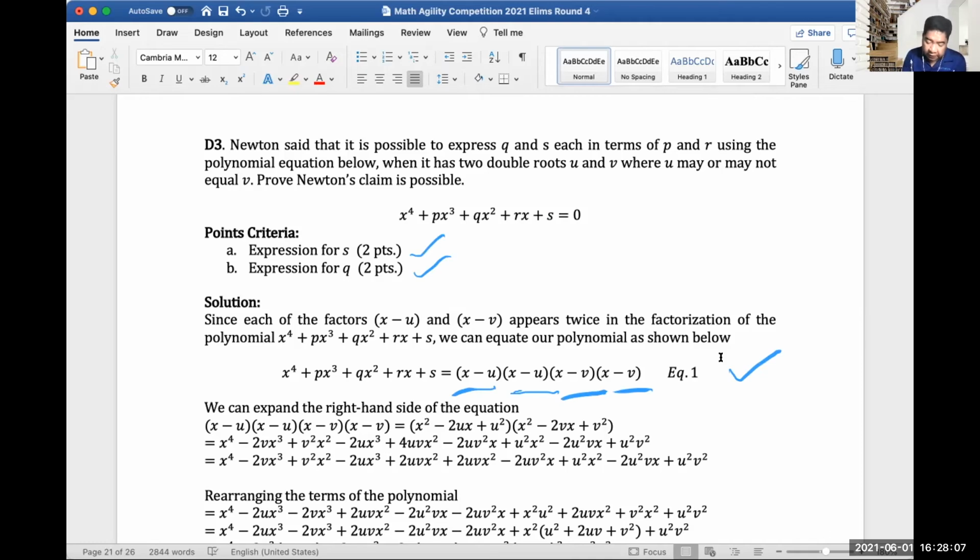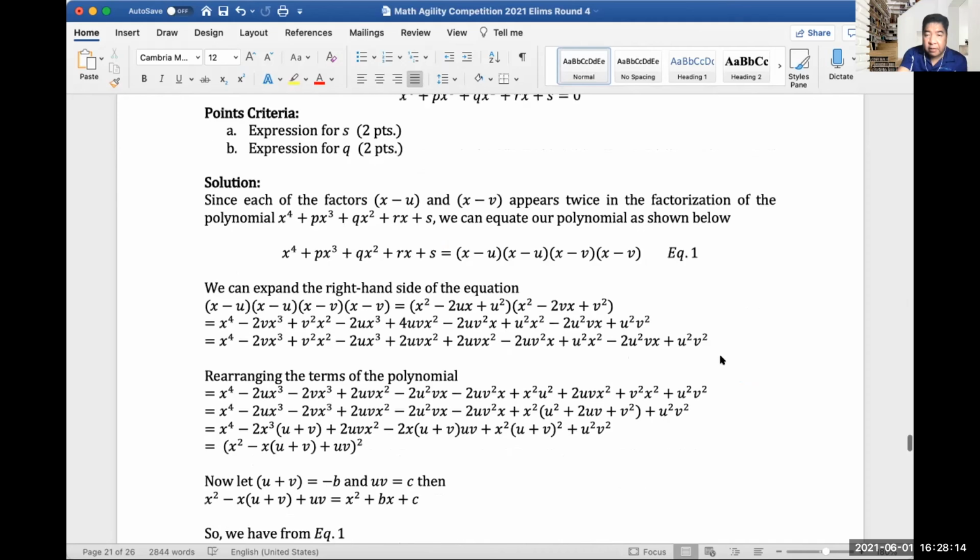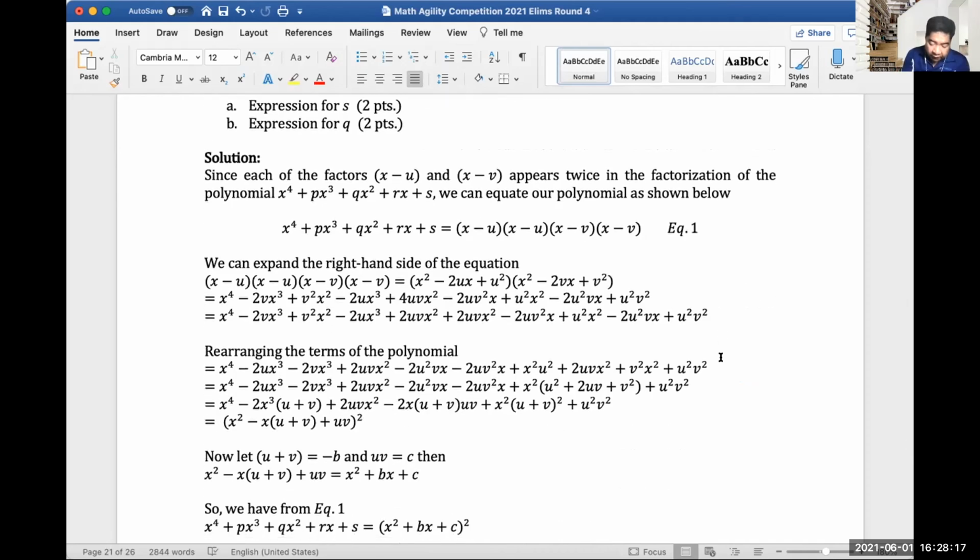I expanded this and got x to the fourth minus 2v x cubed plus v squared x squared minus 2u x cubed plus 2uv x squared plus 2uv x squared minus 2u v squared x plus u squared x squared minus 2u squared vx plus u squared v squared, right?